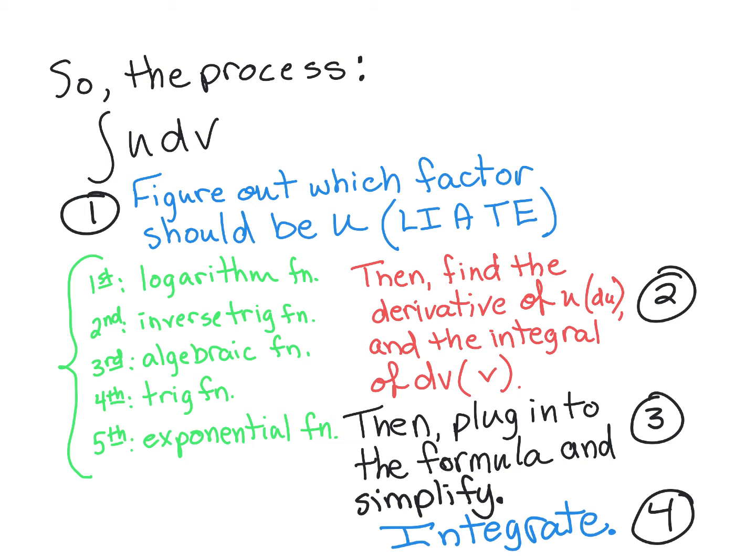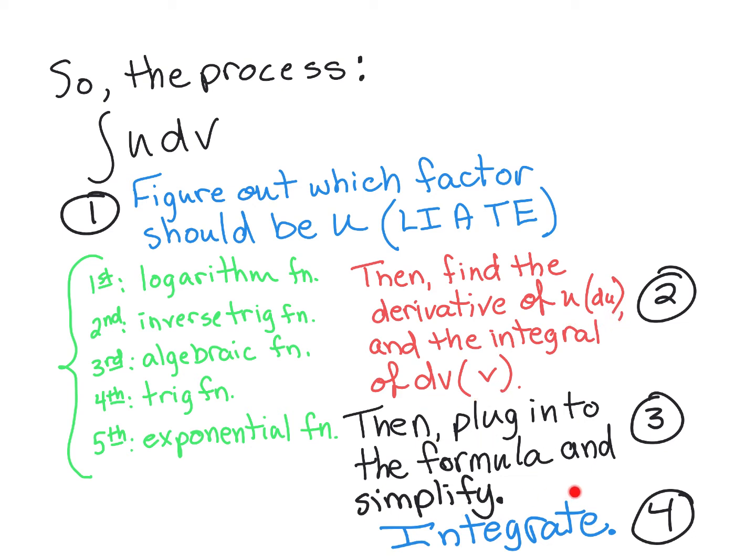Once you've picked your u, then you're going to find the derivative of that. You're going to find du. Remember, once you pick the u, everything else in the problem you've set equal to dv. You have to find the integral of dv so that you know what v is. Now you've got the u and the du, the dv and the v.